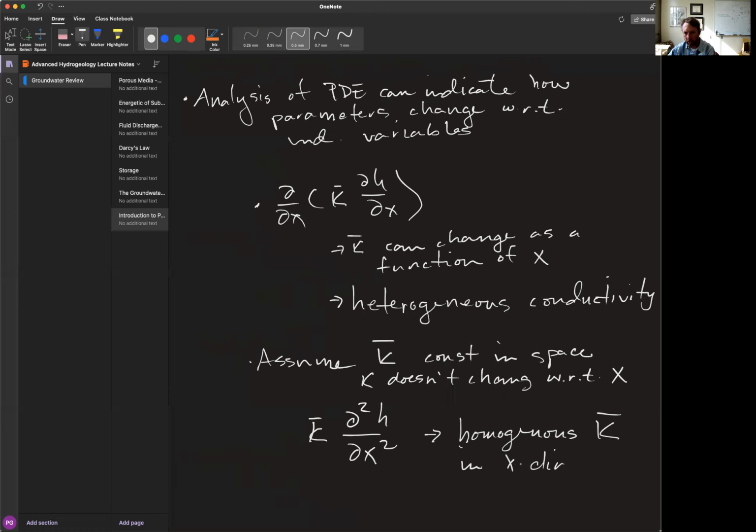If it doesn't change as a function of x, then I can pull it out of the derivative and I can simplify my equation. So the location of the parameter in here tells me, oh, I'm considering heterogeneity, or nope, I'm considering homogeneity.